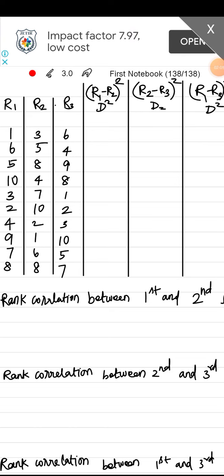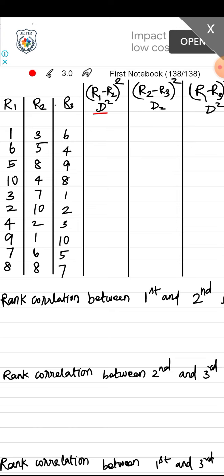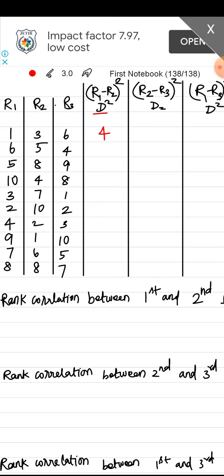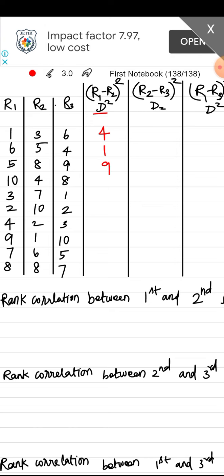So I am going to find d square. It is the difference between r1 and r2. Find the difference and then square the term. For 1 minus 3, that is minus 2, so minus 2 square is 4. 6 minus 5 is 1, so 1 square is 1. 5 minus 8 is minus 3, so minus 3 square is 9. Simultaneously you find all the values.